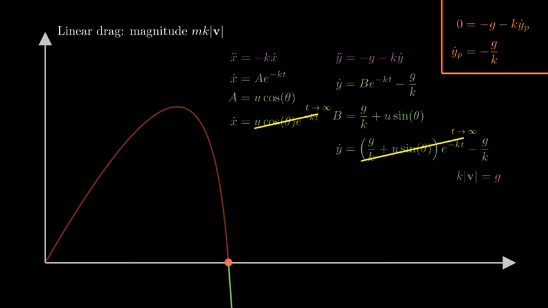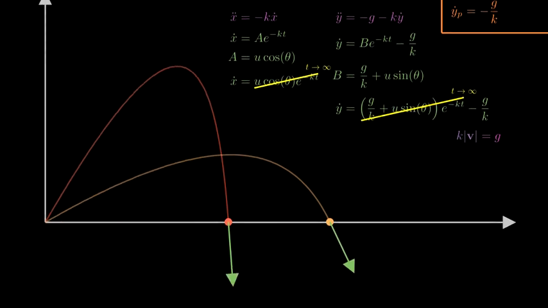Very cool. Now, of course, if you don't throw the ball at such a high angle, it might not go as vertical, because this is only in the case where t gets the chance to go sufficiently large. So for a low angle like that, it wouldn't manage to get as vertical.